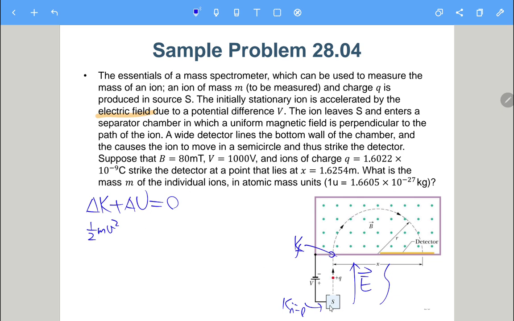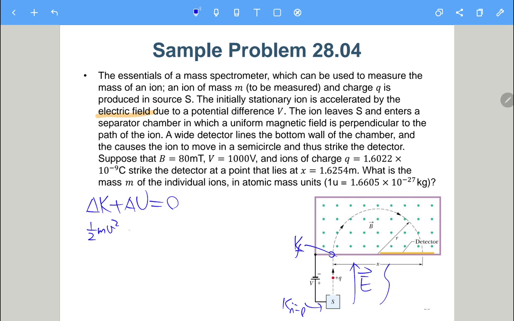Initially, there will be electric potential energy because we have electric potential V here. So the electric potential energy here is QV. If you still remember, U equals QV. At the final point, there will not be any electric potential energy anymore.